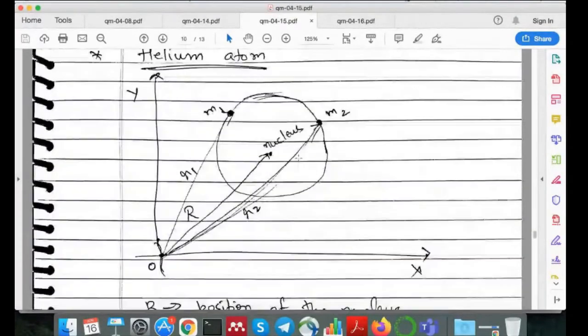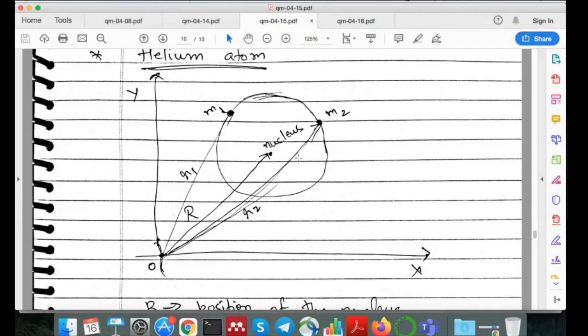All right. Then we also looked at the helium atom. We wrote down the Hamiltonian for the helium atom. Helium atom is a three-body problem because it has two electrons and one nucleus. Now the nucleus is considered to be very heavy compared to the electrons. It's a fact that the nucleus is very heavy compared to the electrons.